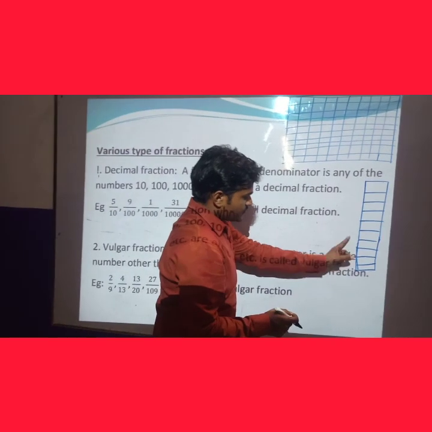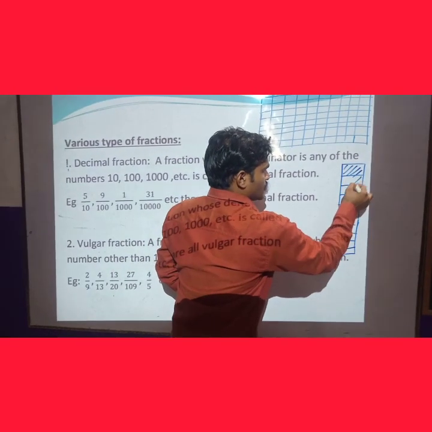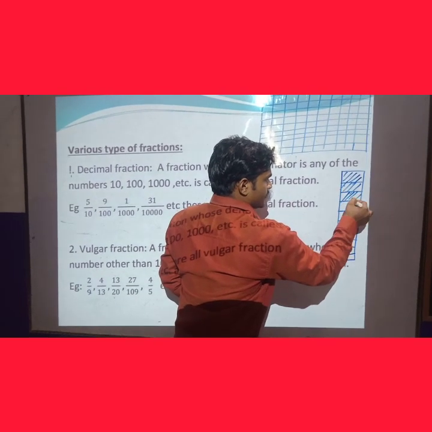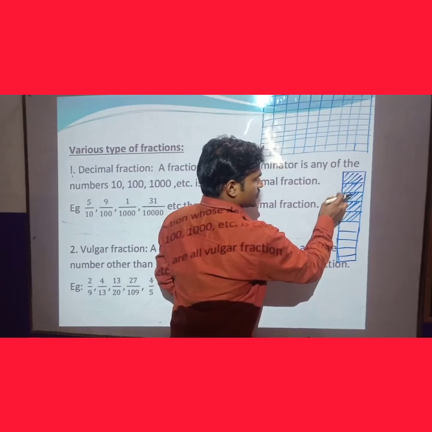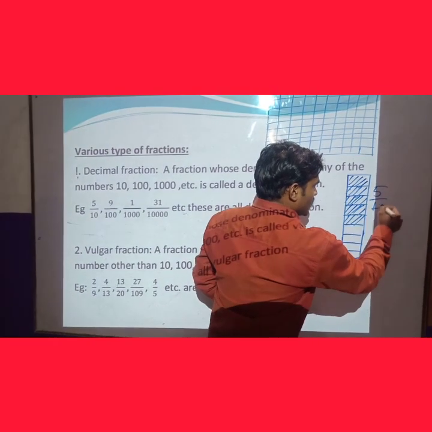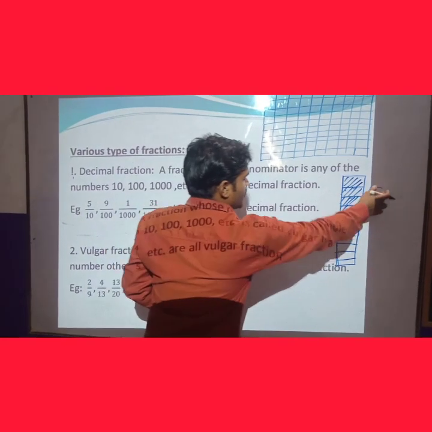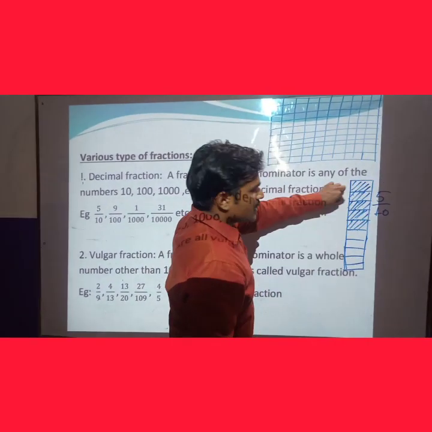How many boxes are there? 10. And we take 5: 1, 2, 3, 4, 5. So this shaded part shows 5/10. It means 5 parts are shaded out of 10.